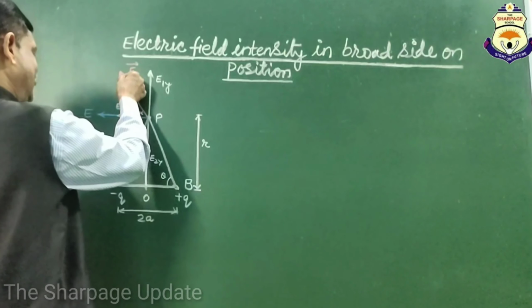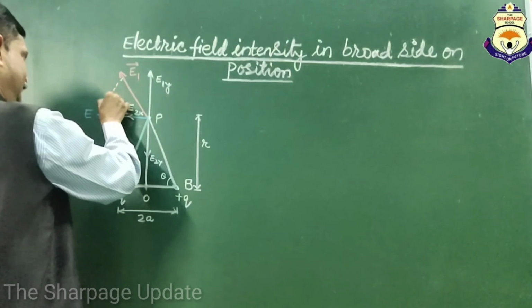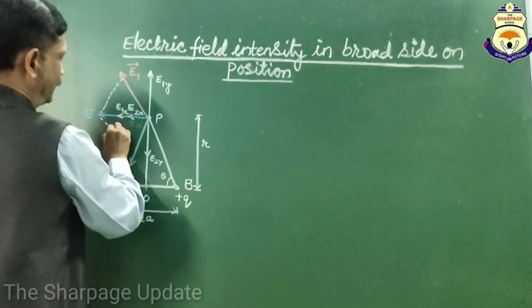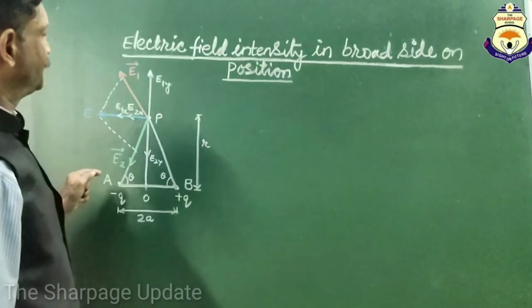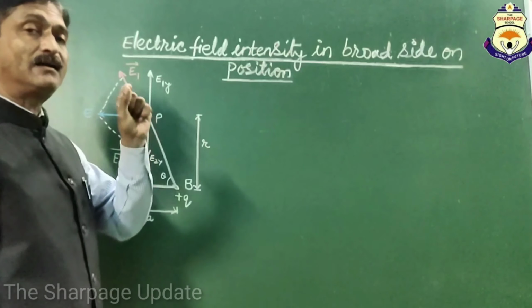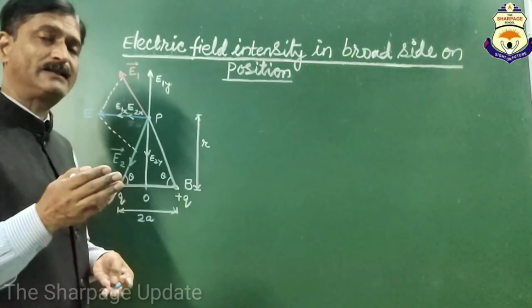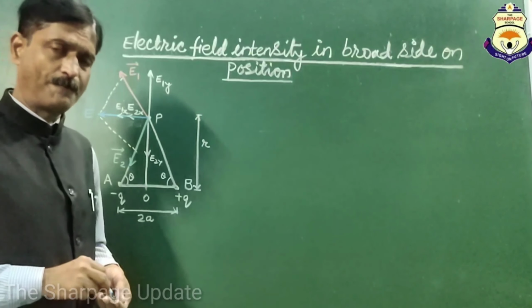Now if we draw a parallelogram in this manner, then you can see here the diagonal will represent the resultant electric field intensity, as we know by the vector addition parallelogram law.